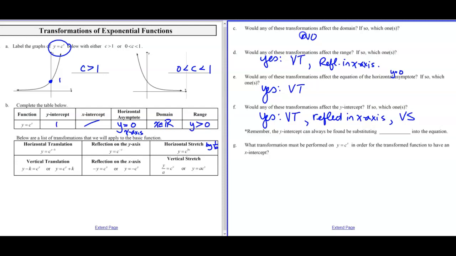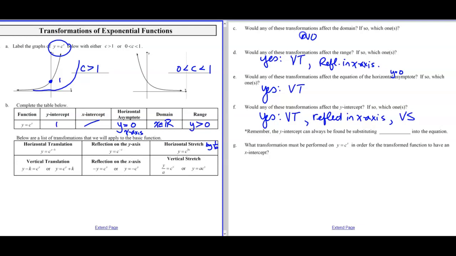Horizontal translation. So this was my point on the y-axis, 0, 1. If I translate this 3 to the right, this would be 3, 1. What would then be over here? So it would be basically move everything to the right. So now I have a different y-intercept.